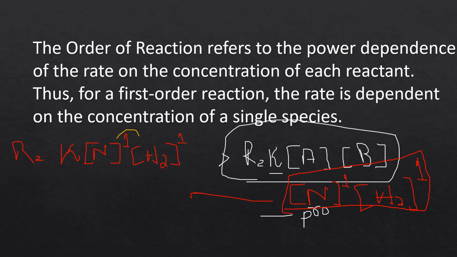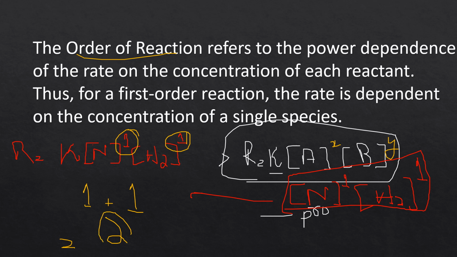If we have to find the order of the reaction, we add the powers. So here the standard form is that you have to add x and y, which are the powers. So we have to add 1 plus 1, and that is equal to 2.